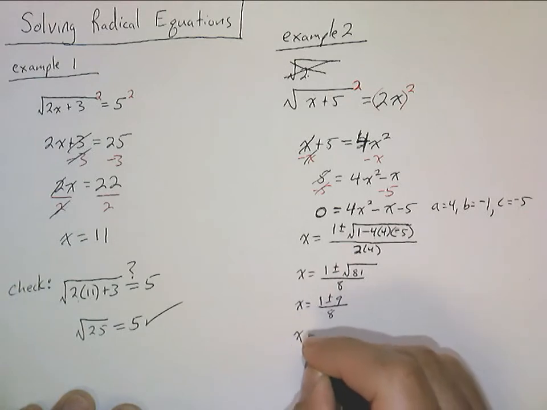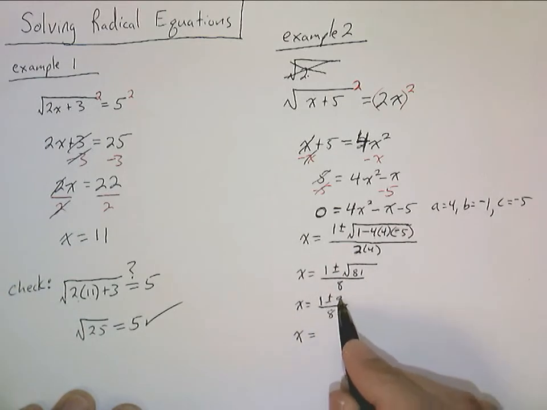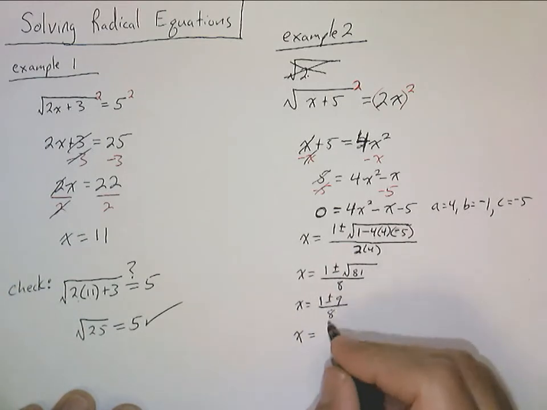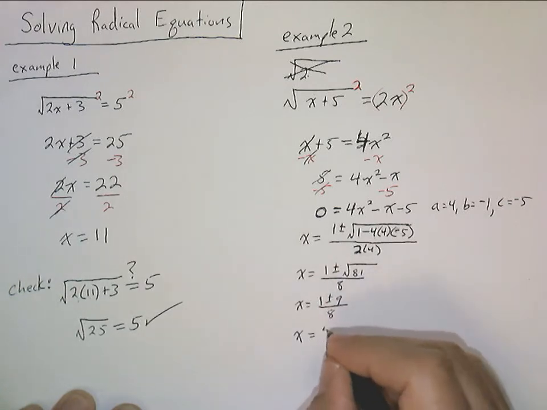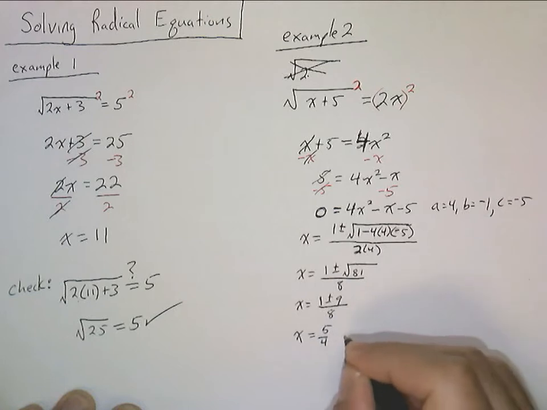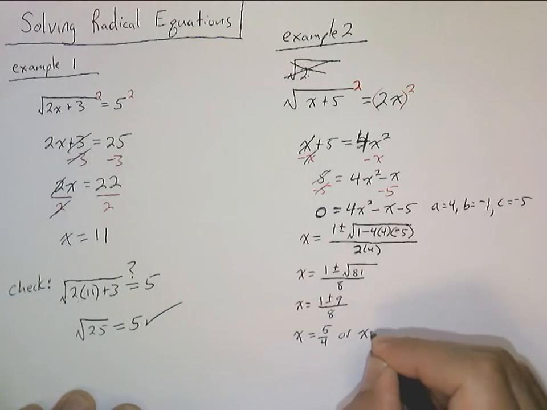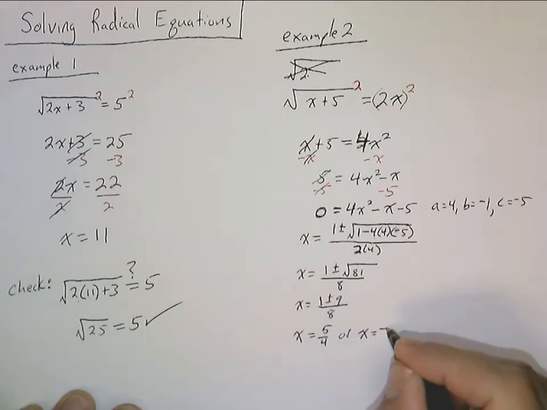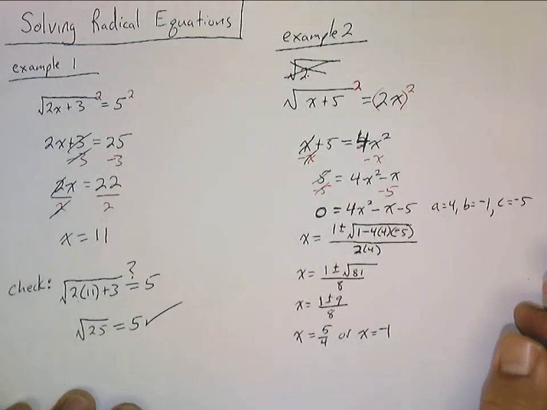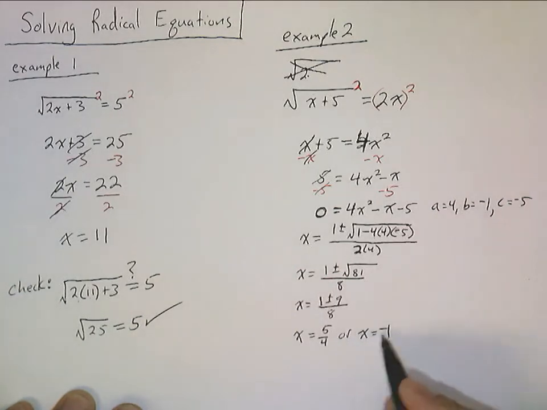So that means that x is equal to, well, 1 plus 9 would be 10, 10/8, which would be 5/4. Or x is equal to 1 minus 9, which would be negative 8, divided by 8, which would be negative 1. Okay, so supposedly we have two solutions to the original equation.